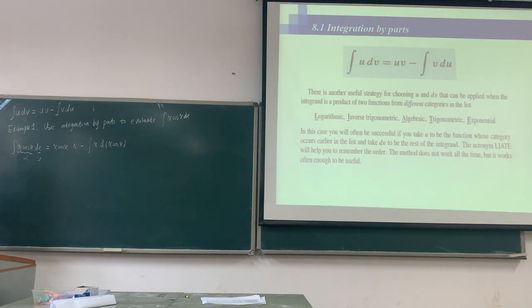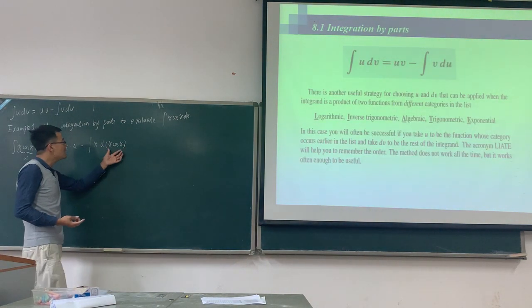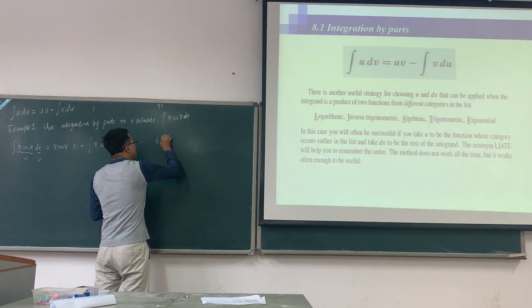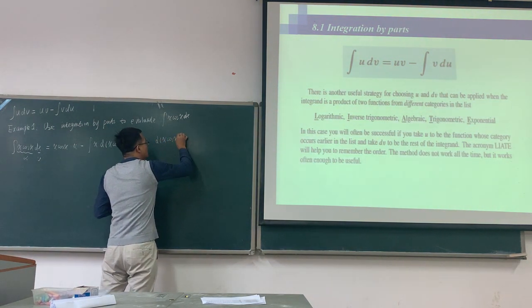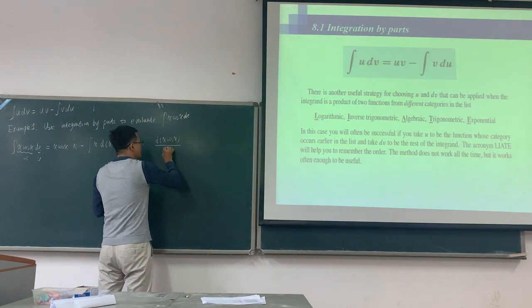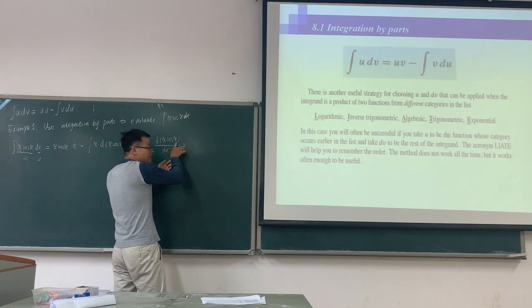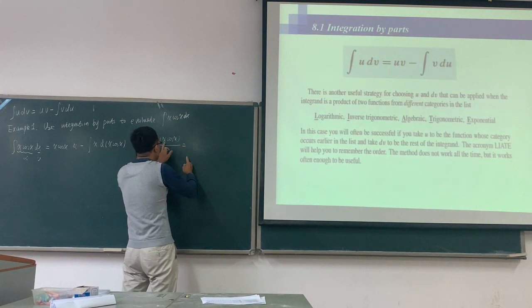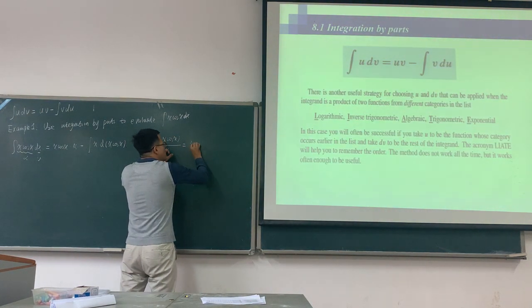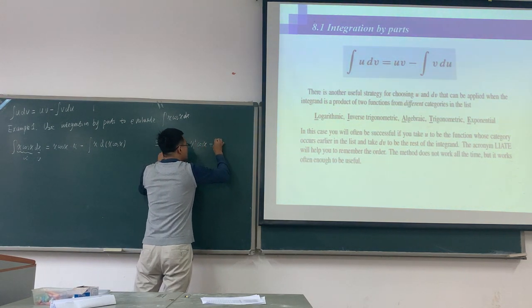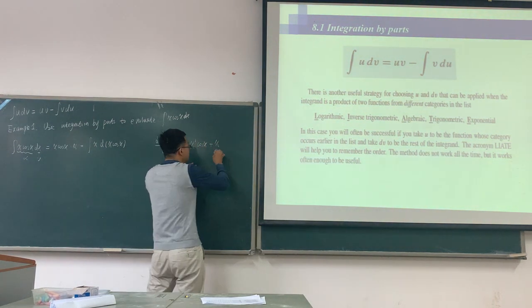So now let's see du, the derivative of x cosine x, actually equal to what? It equals x prime times cosine x plus x times cosine x prime.